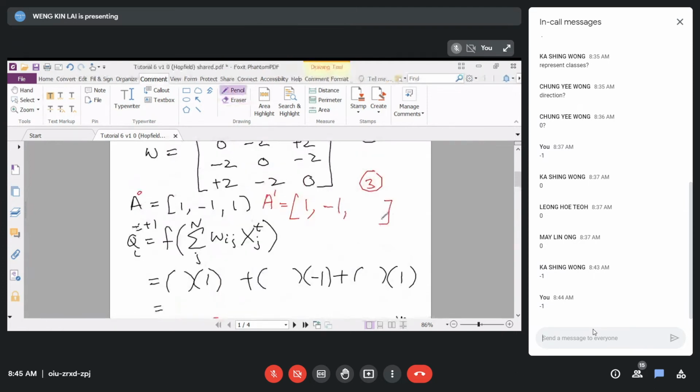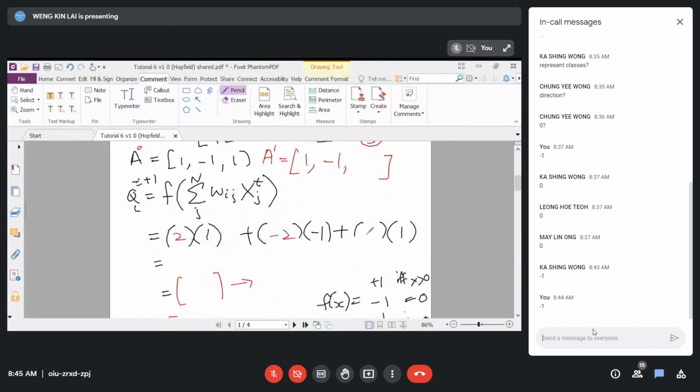And the last one, 2 minus 2, 0. So what do I get? I get a 2 here, I get a 2 here, I get a 4. Right? I think I better speed up. If I don't speed up, I will never finish it. So what do I get? I get a +1. So I get a 1.